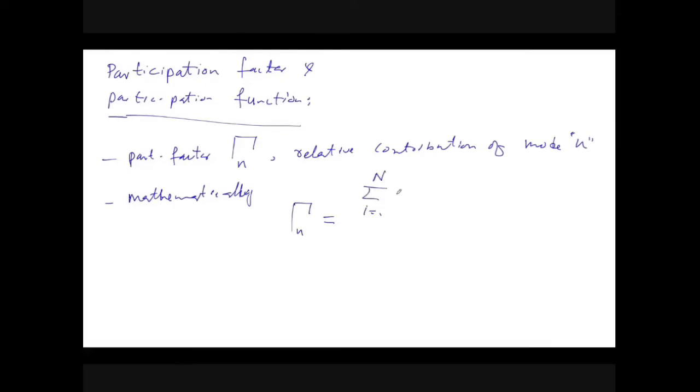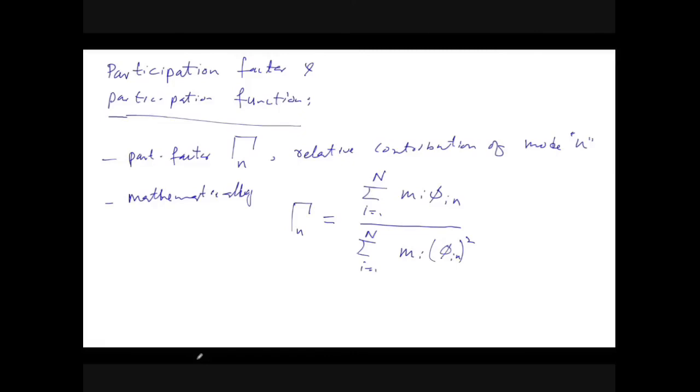So participation factor is equal to the summation of floor masses with the mode shape, divided by the summation of the floor masses with the square of each mode shape term. Okay, so this is how we can mathematically calculate the participation factor.